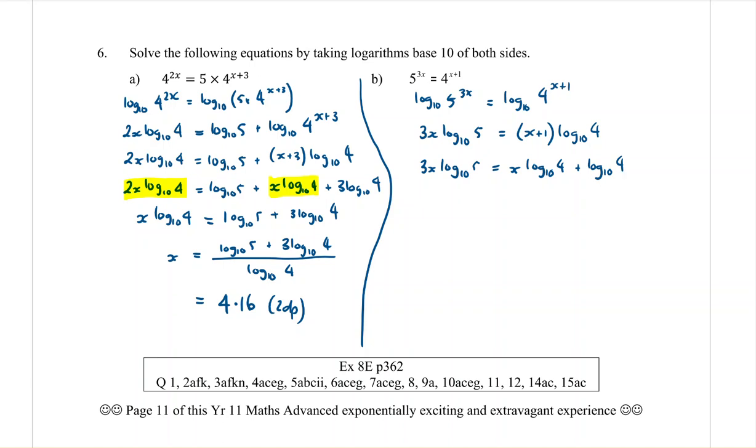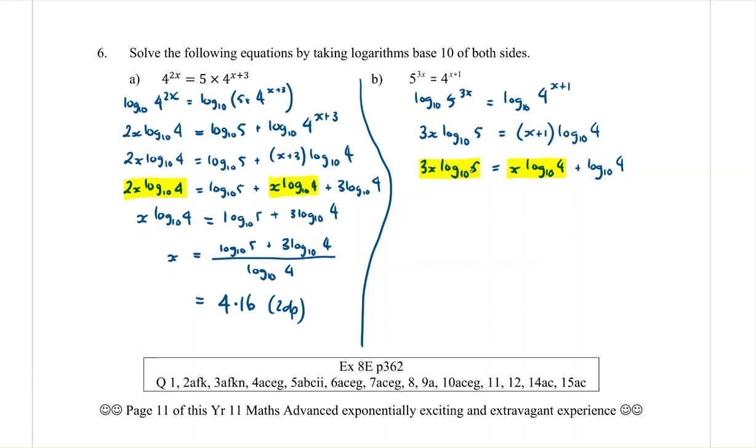Okay, so x term here, they are not like logs, which is a little bit sad, but we can move them to the same side. But what is this? What's that? That's a 5. It's my messy 5. Why aren't they like logs? Because they're both base 10, but this one's a 5 and that one's a 4. They have to be same base, same number for them to be like logs, okay?